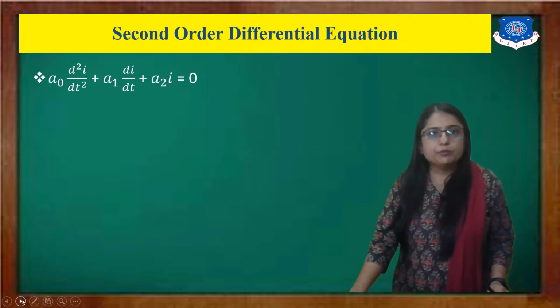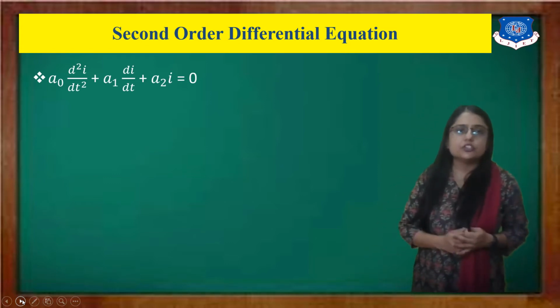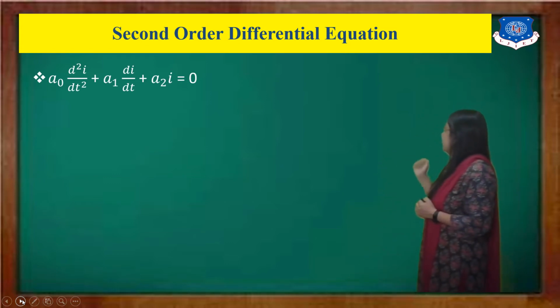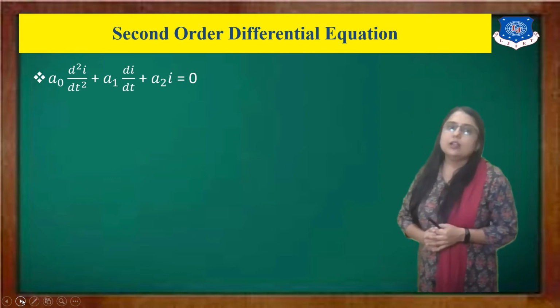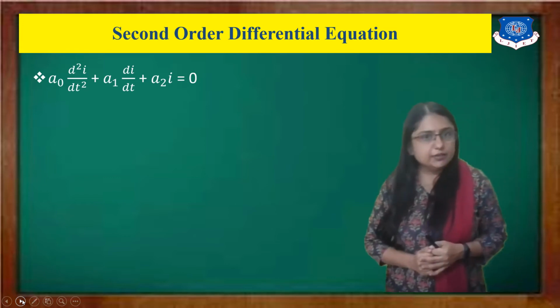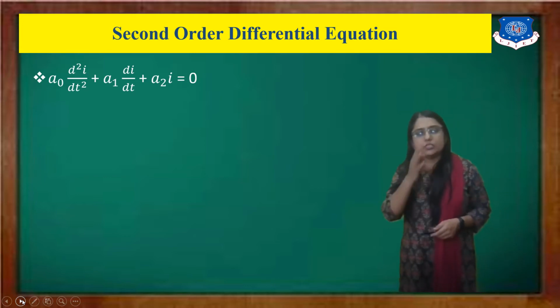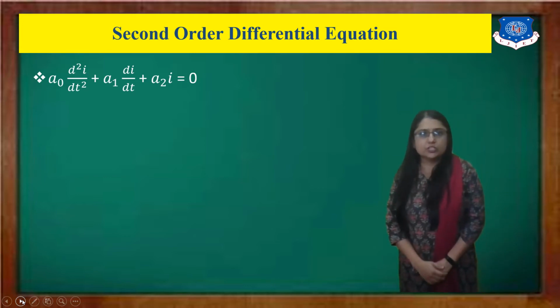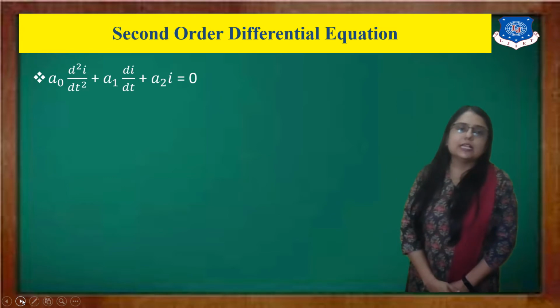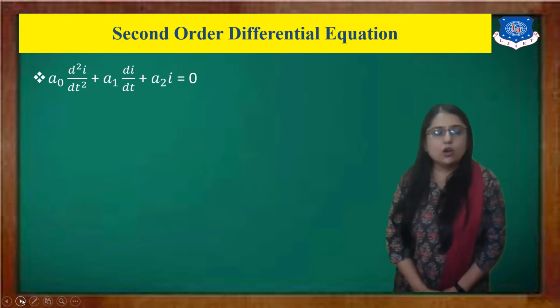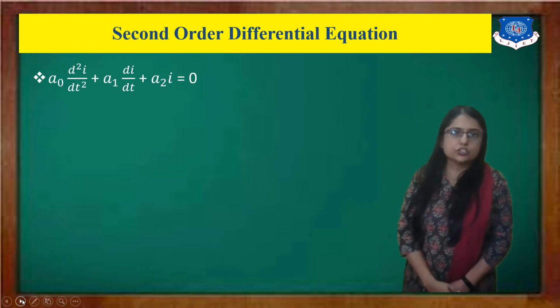If you remember, we discussed this as a differential equation: A0 d square i by dt square plus A1 di by dt plus A2 into i equal to 0. Check the power of the differentiation, that is 2, which is why this is known as a second order differential equation.